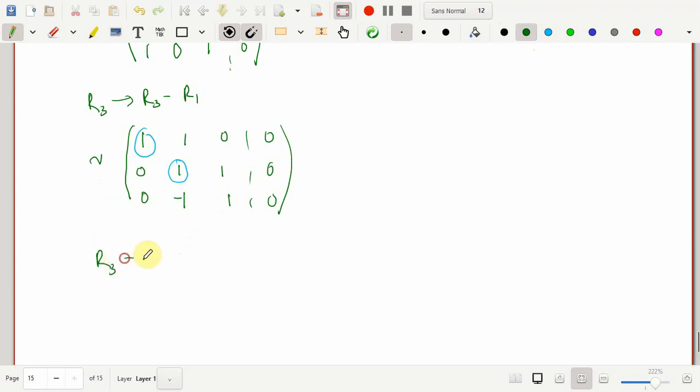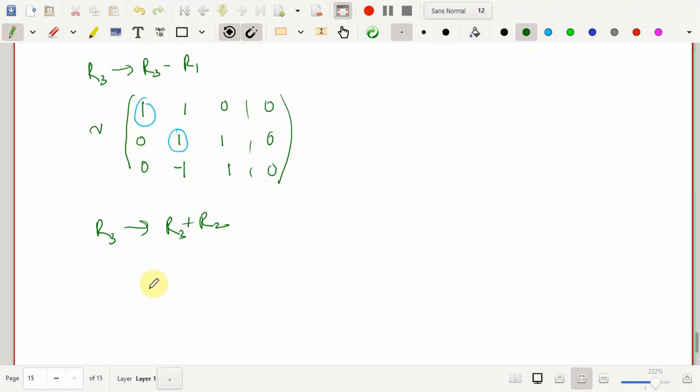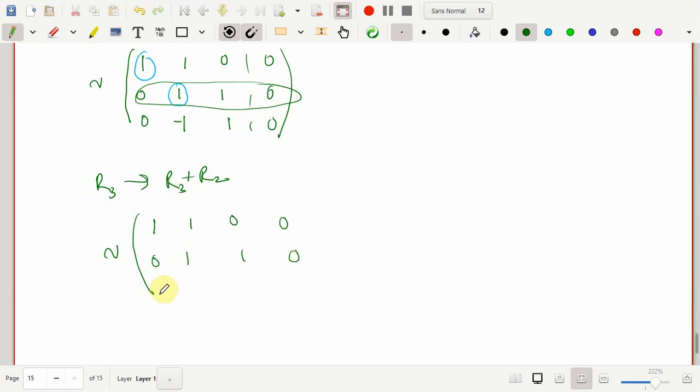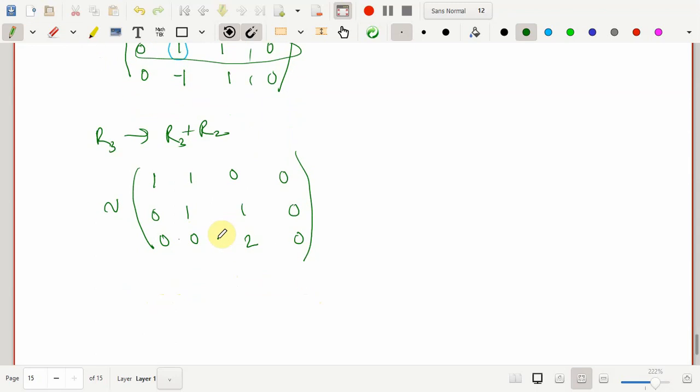R3 once again changes to R3 plus R2, where the second row is the pivotal row. With that, there is no change in the first row, there is no change in the second row, and the last row will become 0 0, 1 plus 1 is 2, and this will become 0. That's it, the last step.